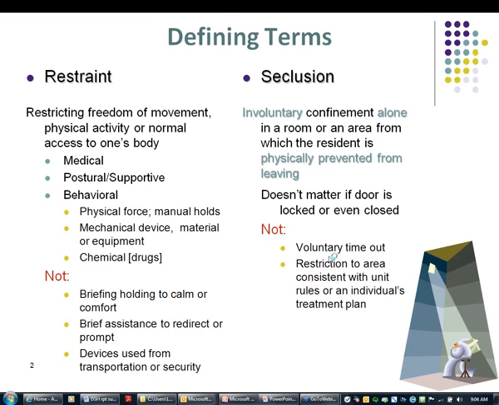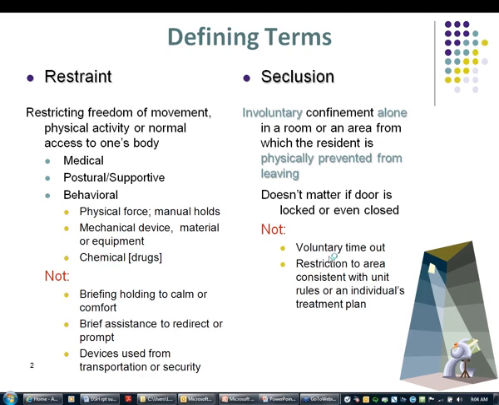Medical restraints, for example, are when you might be in some kind of traction device at a hospital because you've had a procedure and you need to be immobilized. Medical restraints get used in operating rooms to keep the patient in the proper position so that they can perform the procedure. Postural or supportive restraint devices are devices that get used to keep people seated in the proper position or offer them support.